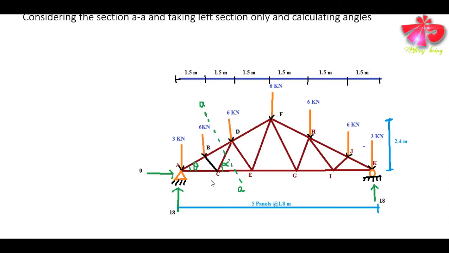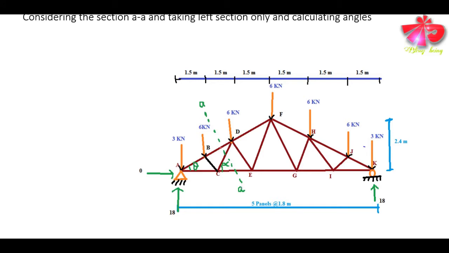In our case, since there are fewer forces in the left section after being cut, we shall assume the cut part only in the left side. It is not necessary that you assume the left side only, but in our case the left section, as shown in the figure, is much easier for computation.